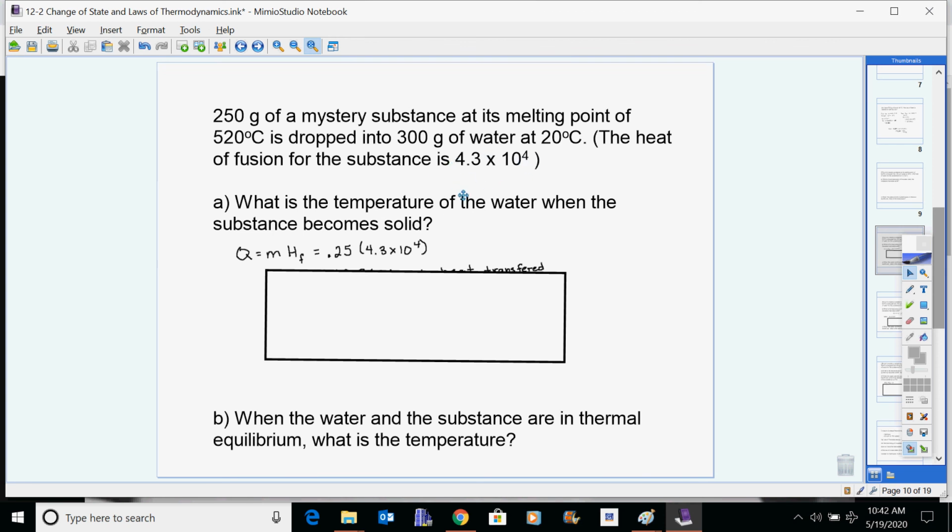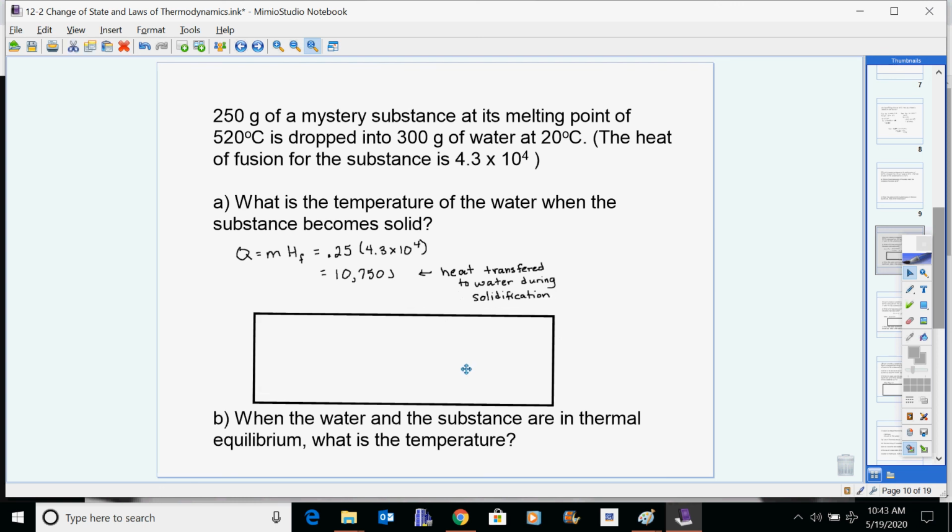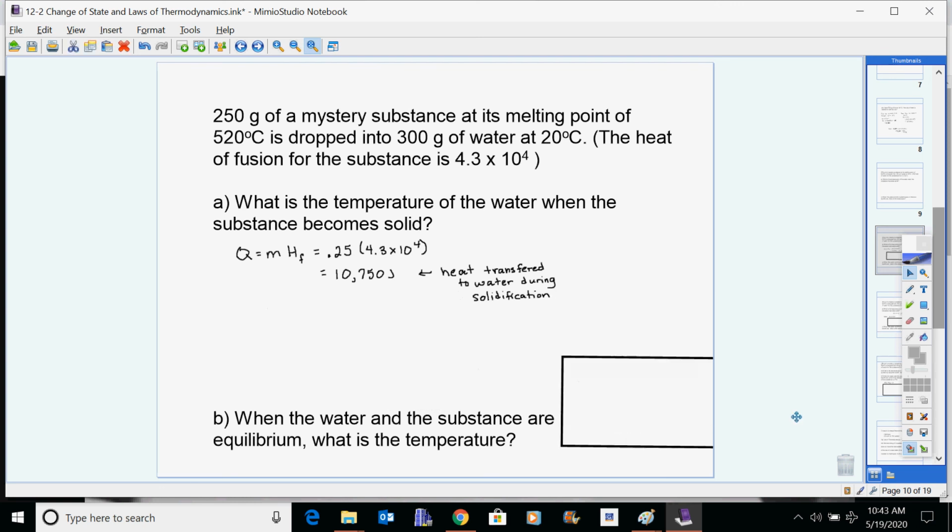That's the amount of heat needed for 1 kilogram to change its state. 250 grams is 0.25 kilograms. Mass times the heat of fusion. And so that means that 10,750 joules of heat was transferred while it was turning into its solid state.